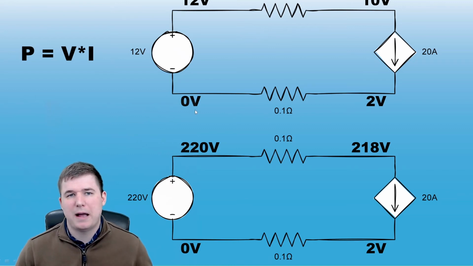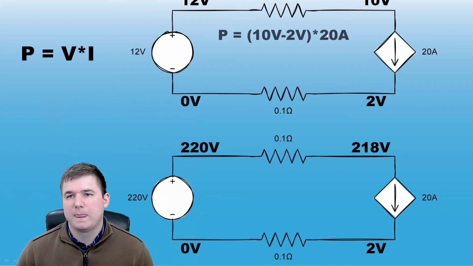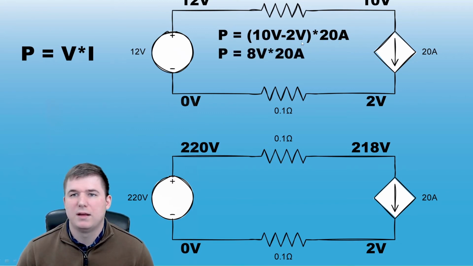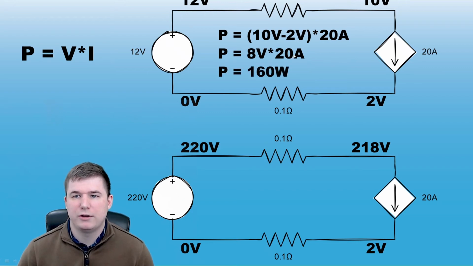Now let's remember, power is equal to voltage times current, and that leaves us with the voltage on the load here is 10 volts minus 2 volts, and we multiply that by the 20 amps. That leaves us with 8 volts times 20 amps, which is 160 watts. So there's 160 watts being dissipated through this load on the 12 volt circuit.